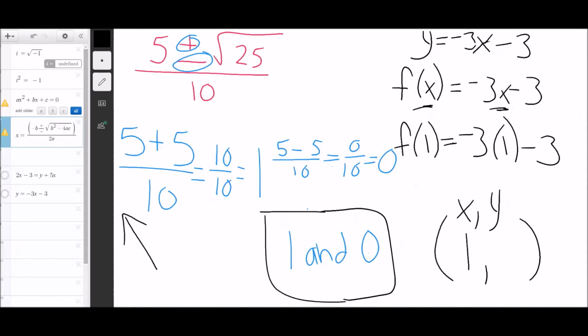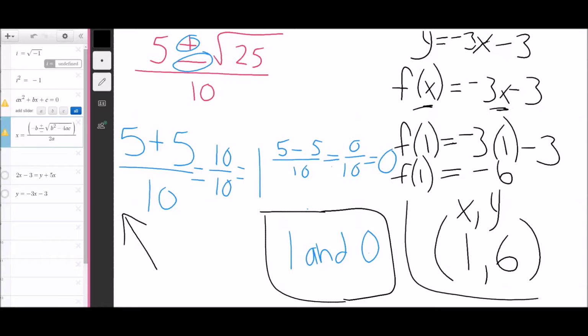Negative 3 minus 3 is going to equal negative 6. So our y is going to equal negative 6. And that will be our second answer.